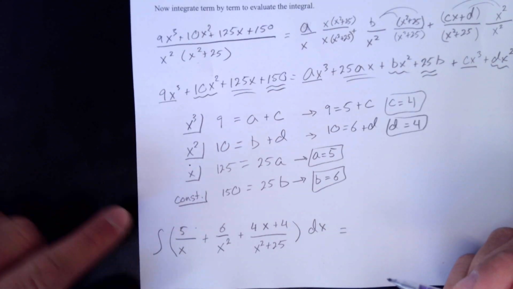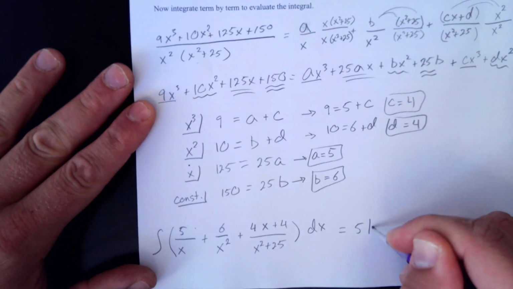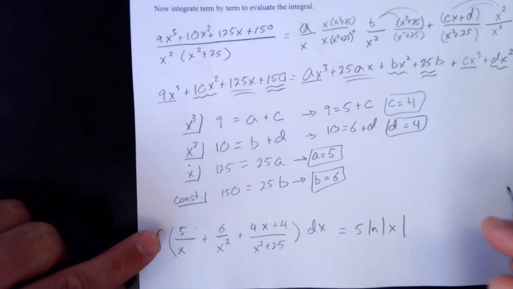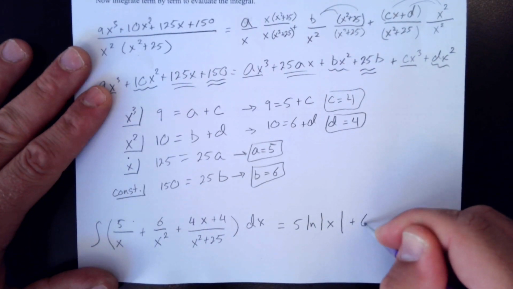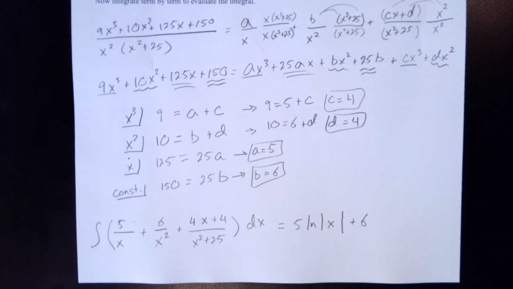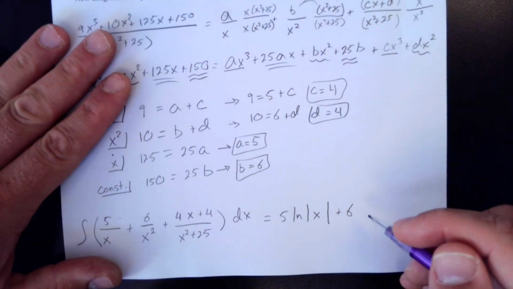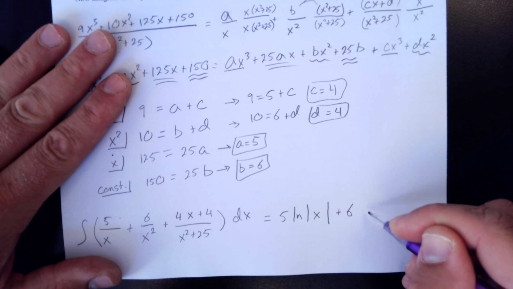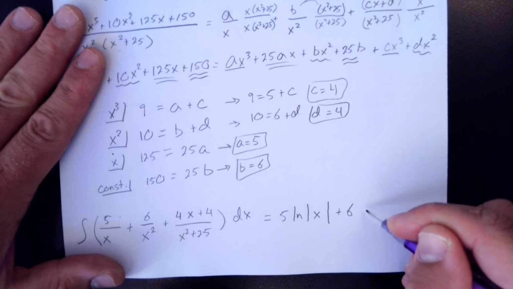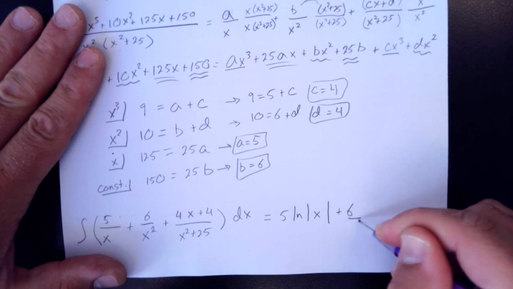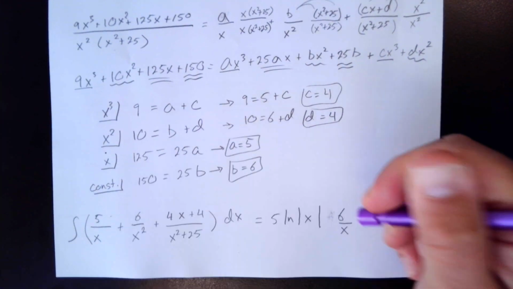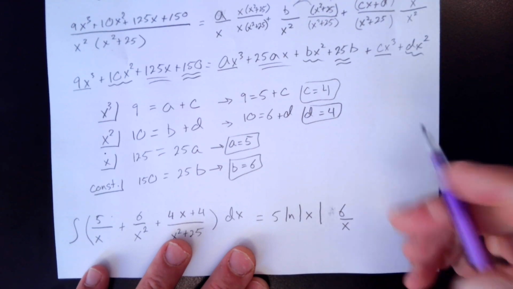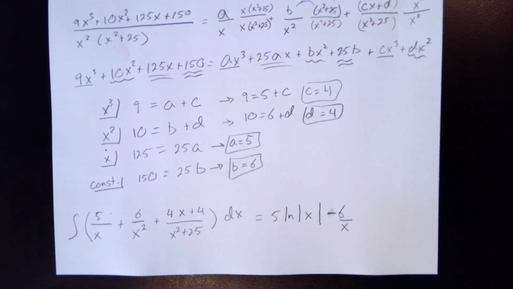This one's not too hard. This is 5 times the natural log of the absolute value of x, because this is 5 over x. Okay, plus I'll take this 6 out right here. The antiderivative of x to the negative 2 is x to the negative 1 divided by negative 1.